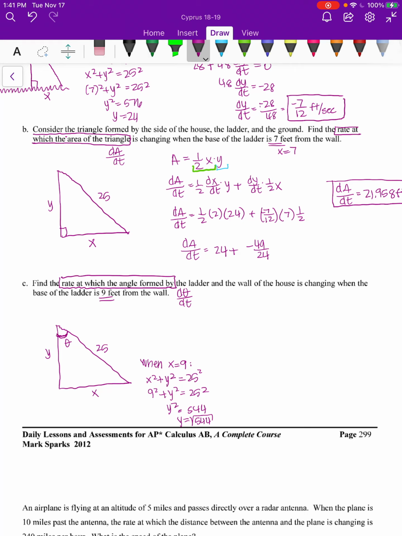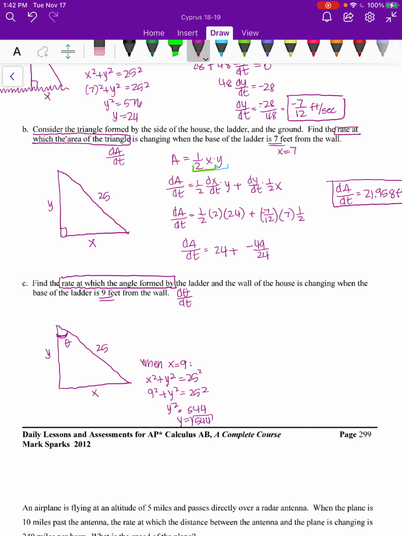Specifically, I want x and theta because they tell me when x is 9. Now that I know what y is, I could use that relationship, but because they told me what x was, I can use the relationship between x and theta, or y and theta, because I know the hypotenuse.